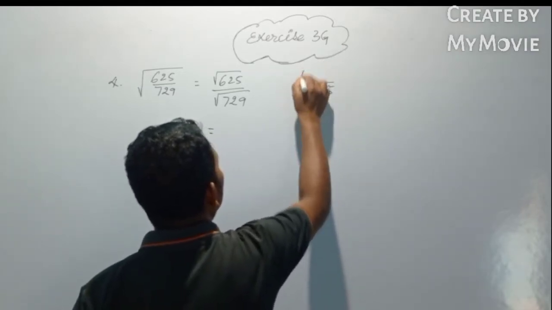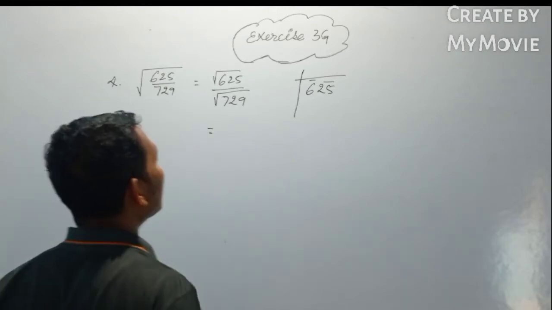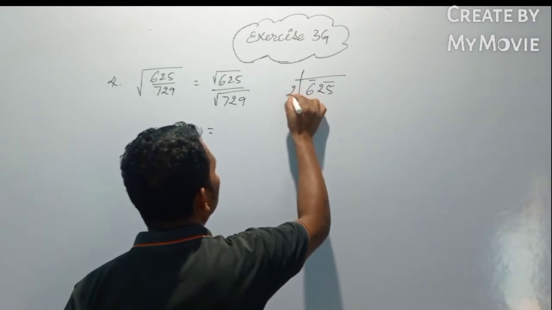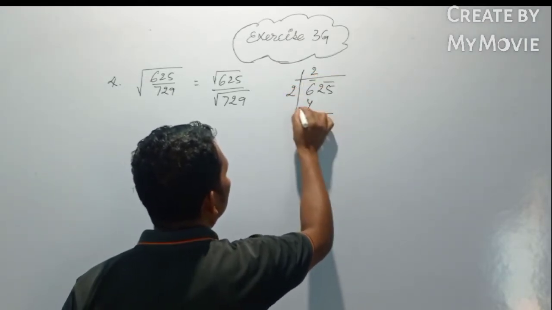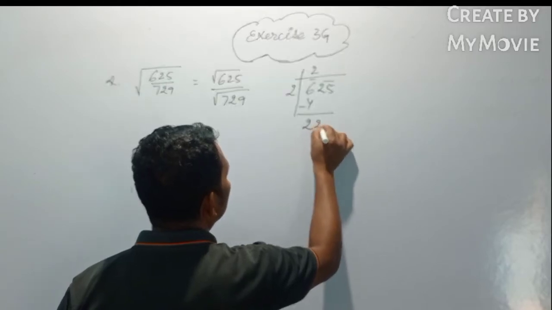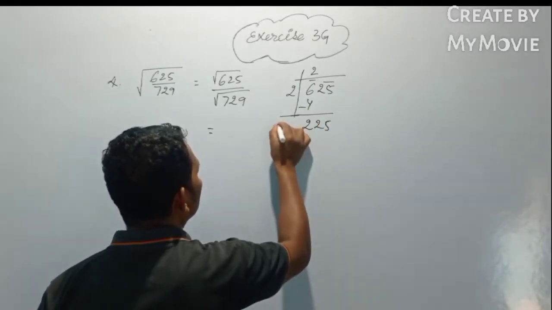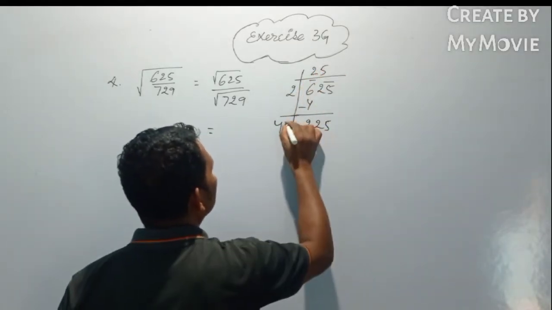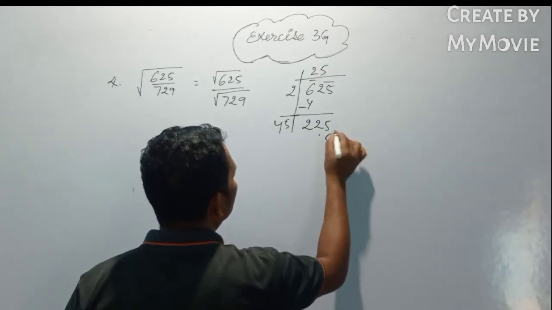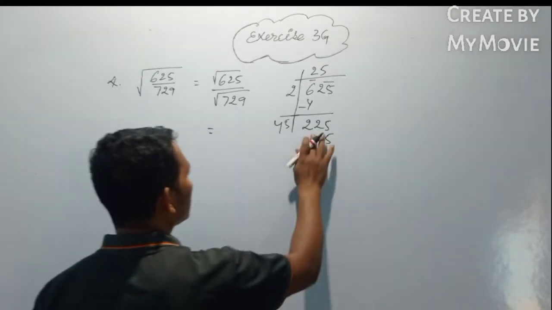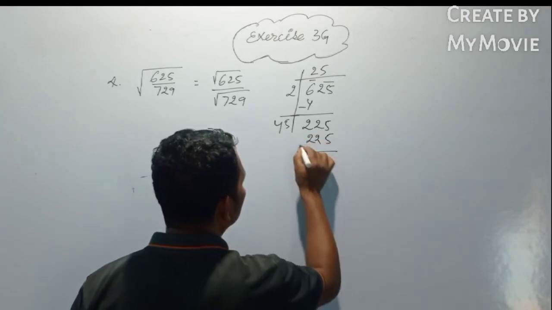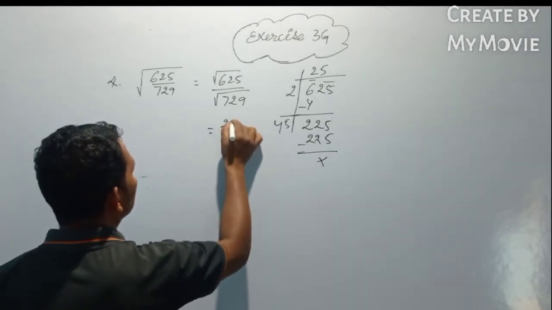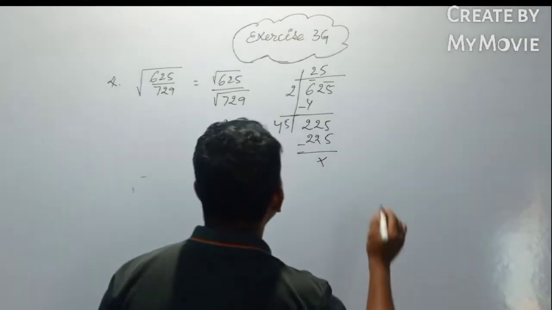So here we have 2 periods. 1 1 is 1, 2 2s are 4, 3 3s are 9. 2 2s are 4. 6 minus 4, 2. 2 5. Then here you add 2, you get 4. Now 5 5s are 25. 5 4s are 20. 20 plus 2, 22. So square root of 625 is equal to 25.